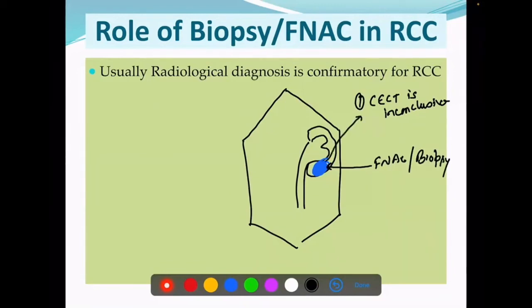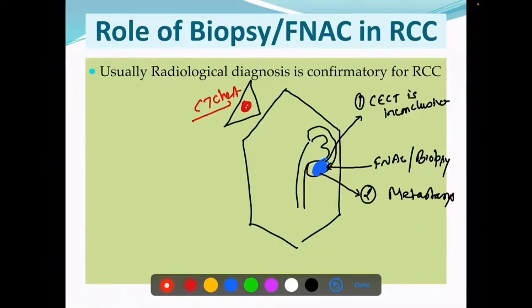If you are sure that the patient already has metastasis, suppose RCC already has lung metastasis, how can I be sure? By doing a CT scan of the chest, right? So I've seen that the patient of RCC had metastasis to the lung. Then please do FNAC. Don't wait. Why don't we want to do biopsy or FNAC?